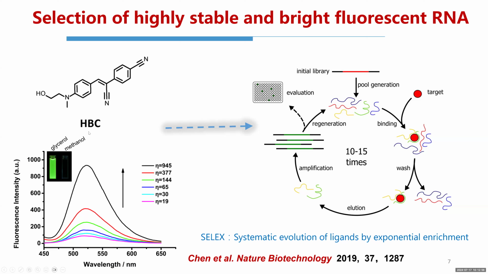HBC is non-fluorescent in solution, but it becomes strongly fluorescent upon constraining intermolecular motion. For example, when we add glycerol to increase the viscosity of the solution, the fluorescence of HBC dye is significantly enhanced. We then proceeded to select for aptamers bound with HBC using the SELEX approach. Finally, we identified an aptamer that can enhance HBC fluorescence more than 3,000-fold.